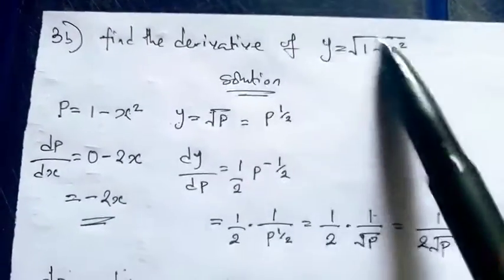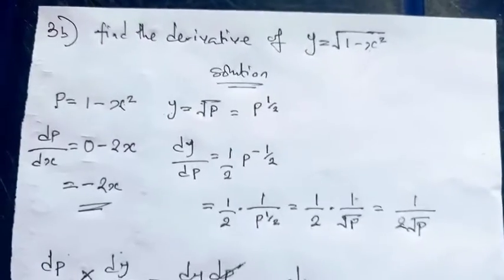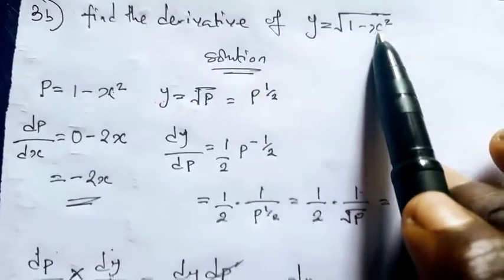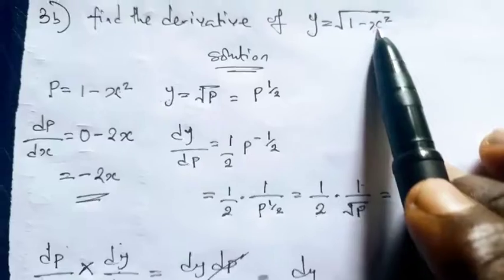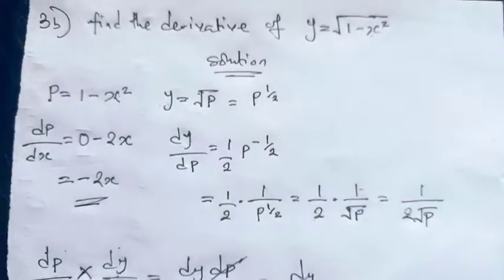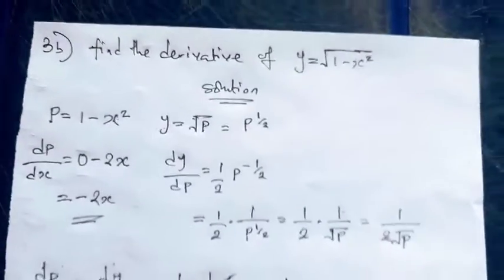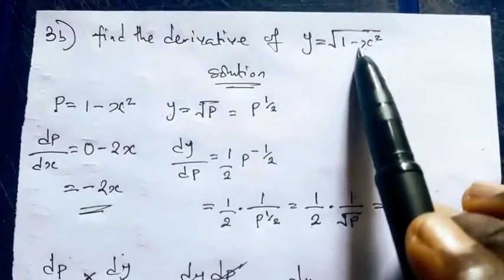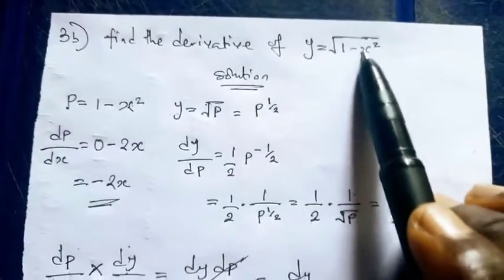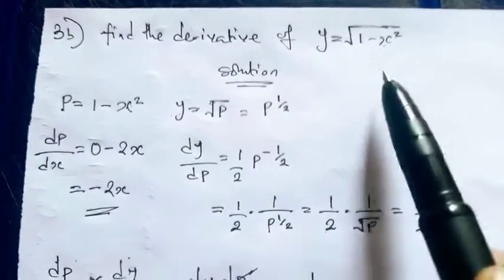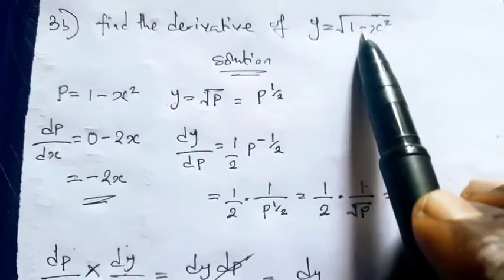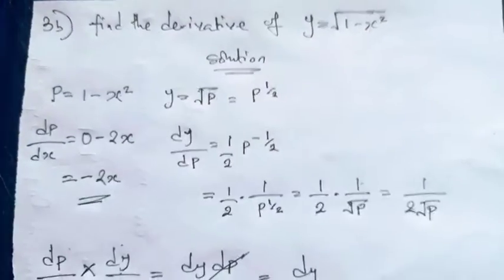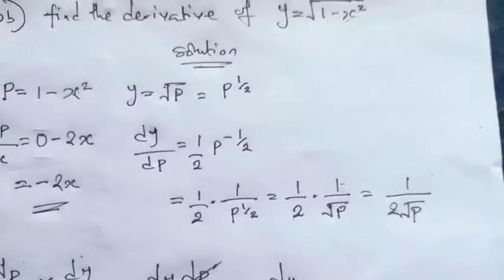This is what we call the function of a function. How do I mean? If for some reason x value is known to be 2, I can say this here equals 2 raised to the power 2, which is 4, and 1 minus 4 is equal to negative 3.